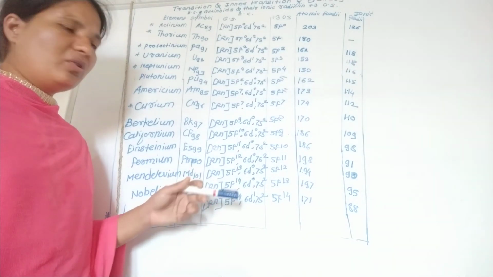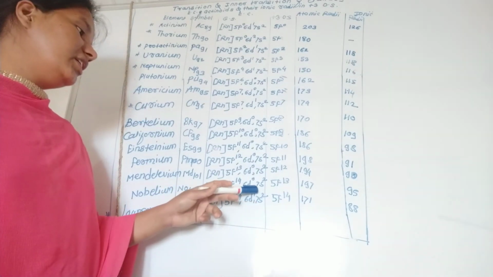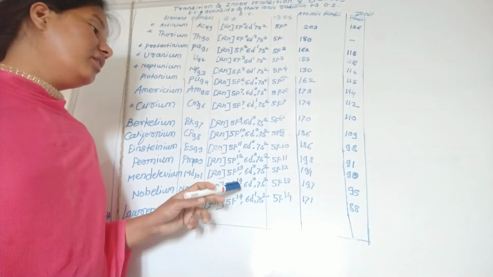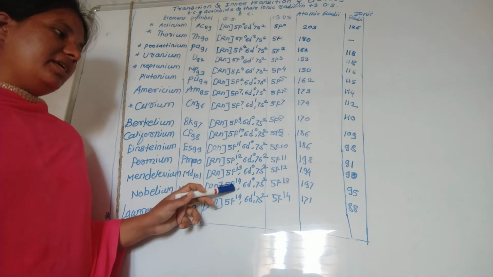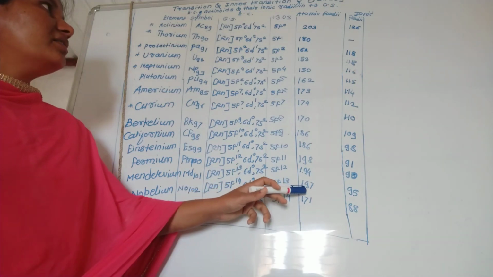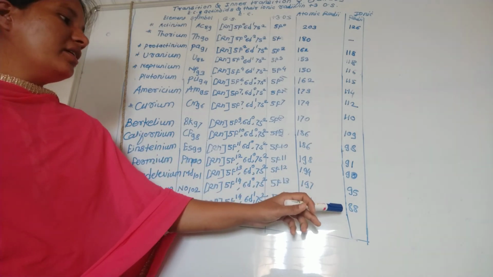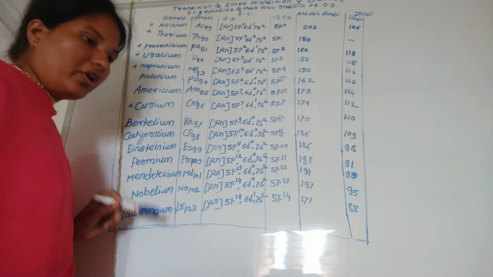That's why in the d orbital no electrons, and for the +3 oxidation state, it can lose 2 electrons from the s orbital and 1 electron from the f orbital. It is not possible for nobelium because now it is very stable. So it can show 5f13 system. Its atomic radii is 197 and ionic radii is 95.